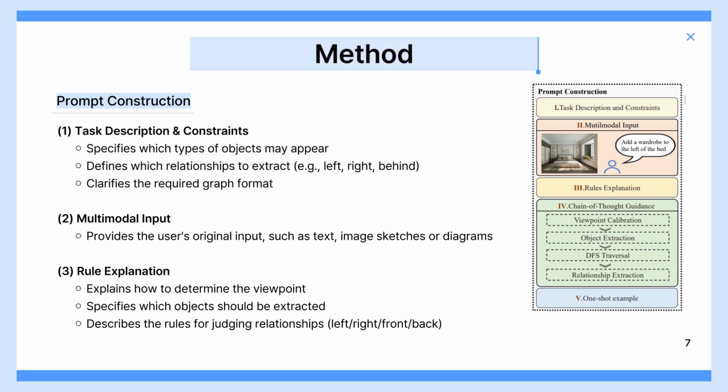The prompt includes the user's text, image sketches, floor plan diagrams, or any combination of these. The third component is the rule explanation. This part explains how the model should determine the viewpoint, which objects are actually allowed to be extracted, and how the model should judge spatial relationships such as left, right, front, and back.